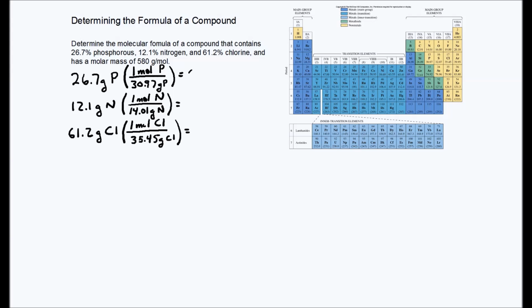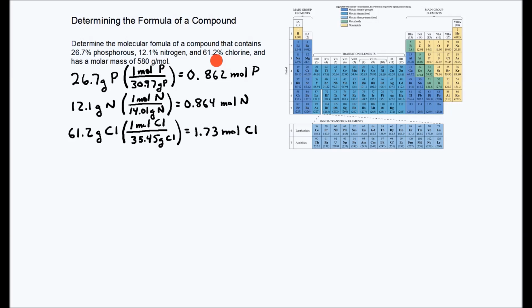So now I can convert my grams into moles. 26.7 divided by 30.97 gives me 0.862 moles of phosphorus. 12.1 divided by 14.01 gives me 0.864 moles of nitrogen. 61.2 divided by 35.45 gives me 1.73 moles of chlorine.